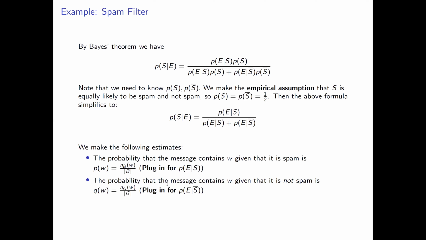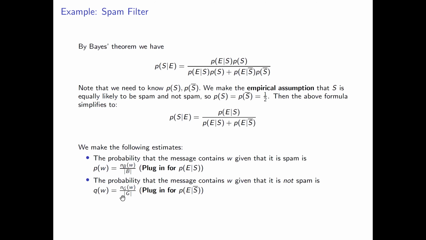And similarly, a reasonable estimate for the probability that our email contains W, given that it's not spam, which is this conditional probability over here, is the ratio Q of W. That is, the number of messages which are known to not be spam that contain W, divided by the overall number of messages that are not spam.